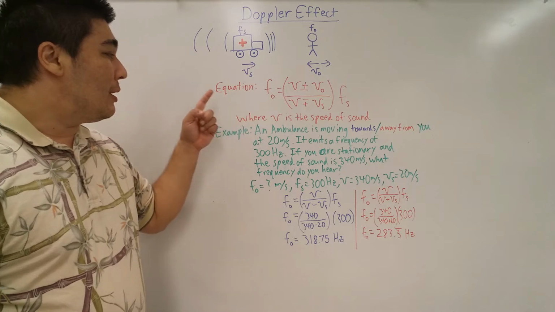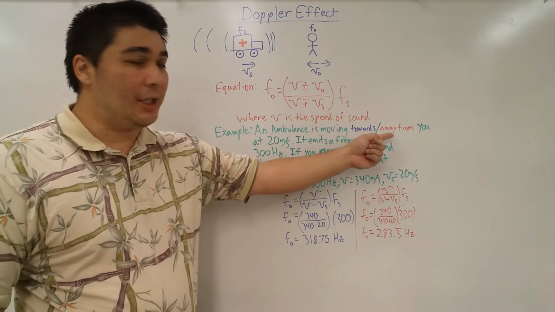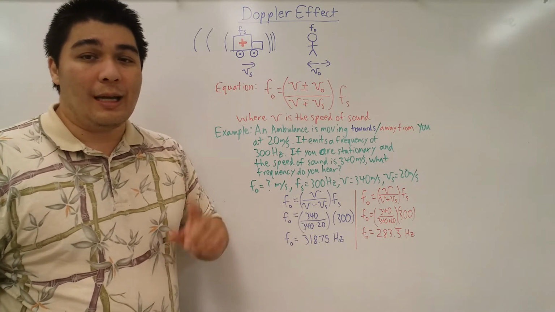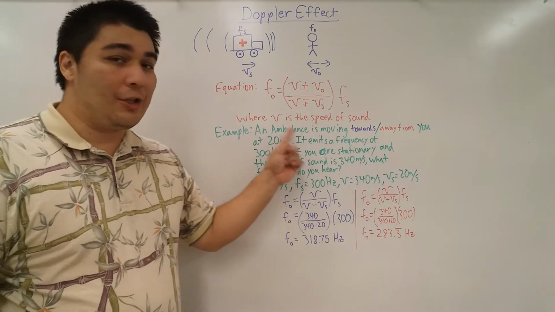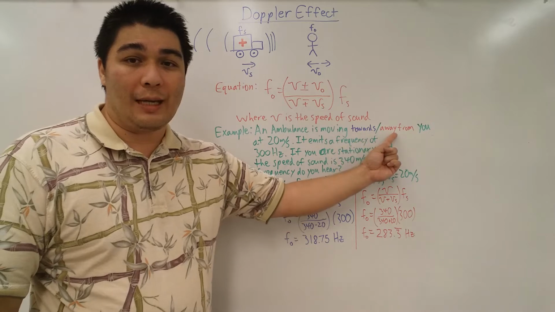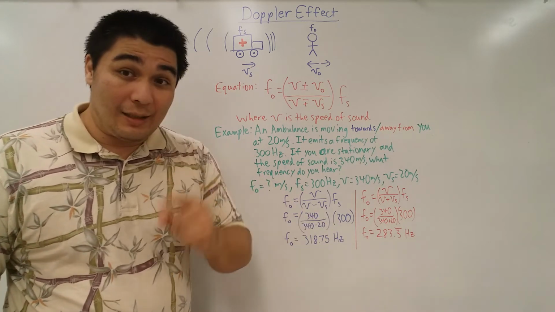So the example is you've got an ambulance that's moving towards you or away from you at 20 meters per second. I'm going to pause right there and point this out. Notice I wrote this question out in green, but I have the words towards and away from in two different colors, blue and red. There's a reason for that.